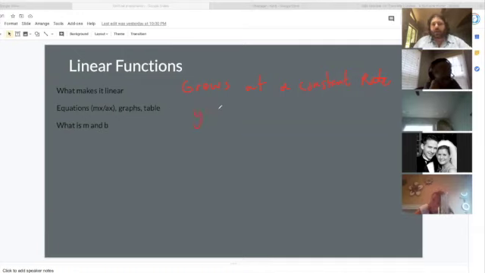So equations, right? We've got 2 basic kinds of equations, y equals mx plus b and ax plus by equals c. This is called point slope, and this is called standard form. Either way, there's no exponents, right? It's not like x squared. There's no 1 over x. There's nothing funky going on.